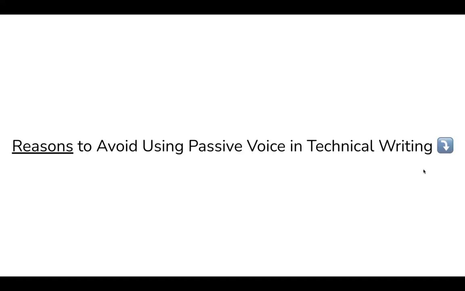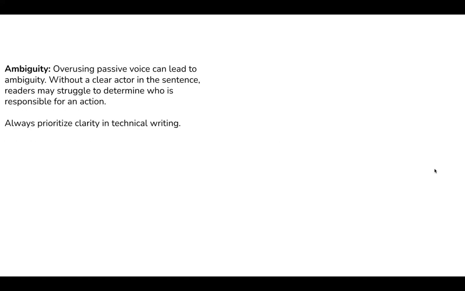So let's go through some reasons why you should avoid using passive voice in technical writing. First, ambiguity. Overusing passive voice can lead to ambiguity, in the sense that without a clear actor in the sentence, readers may struggle to determine who is responsible for the action, right?